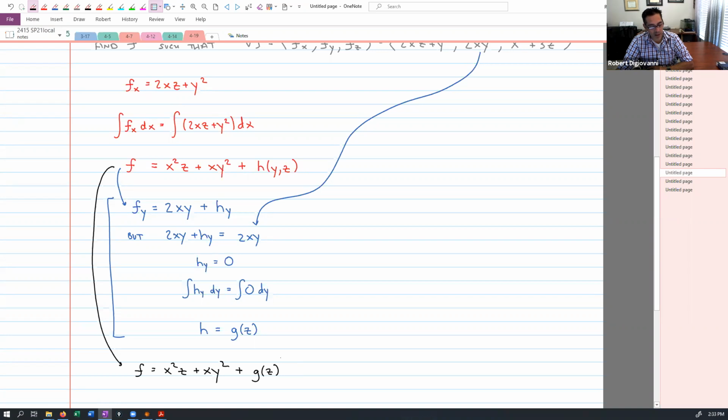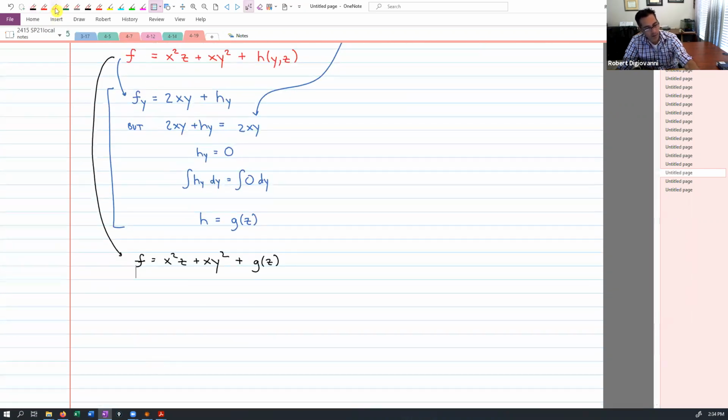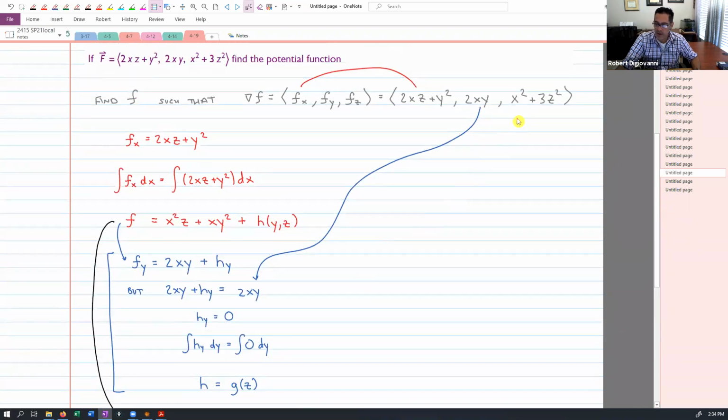And then I play the game again. I take the partial of this with respect to z now. If we do that, we get x squared, 0, and then whatever the derivative of this is with respect to z, which I don't know yet. But that must match whatever's up here, right?